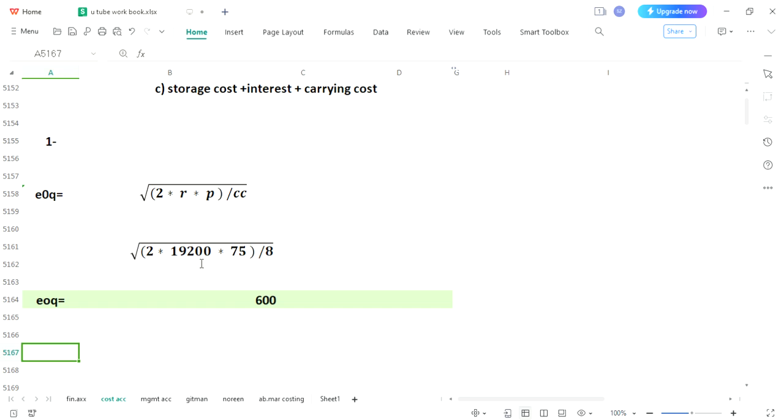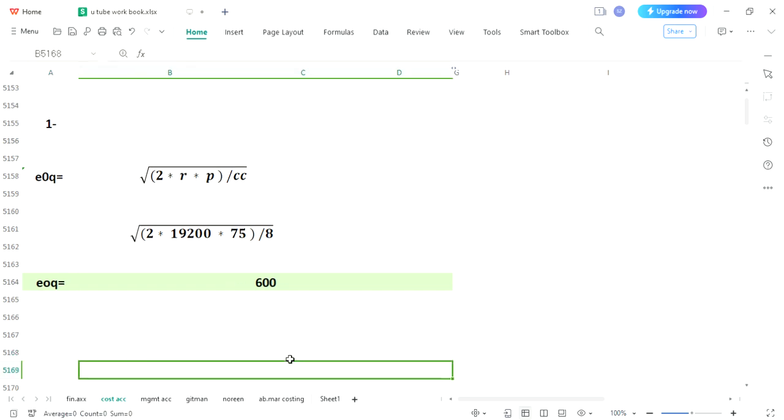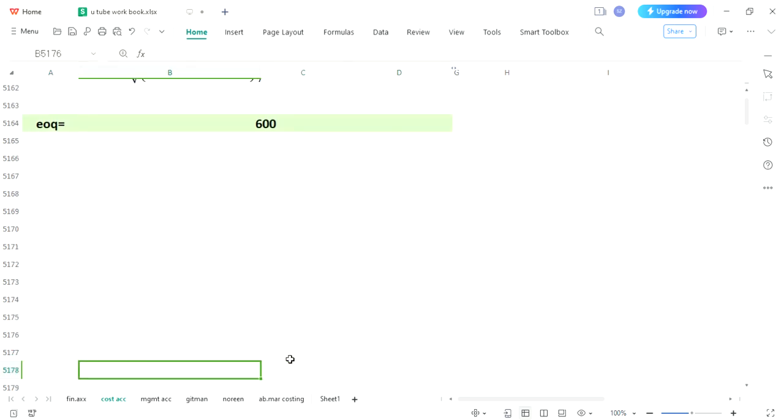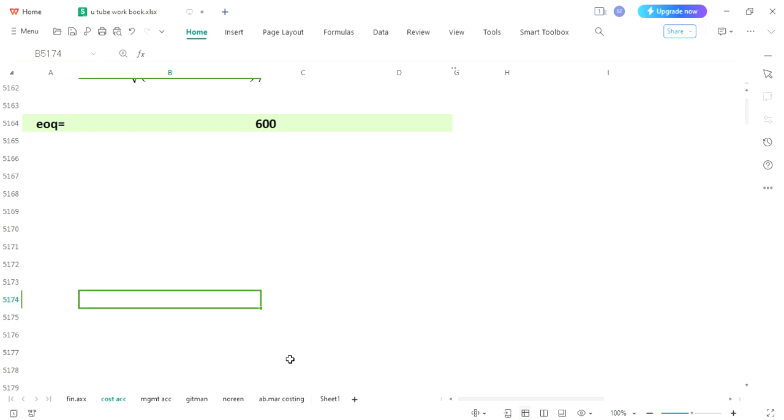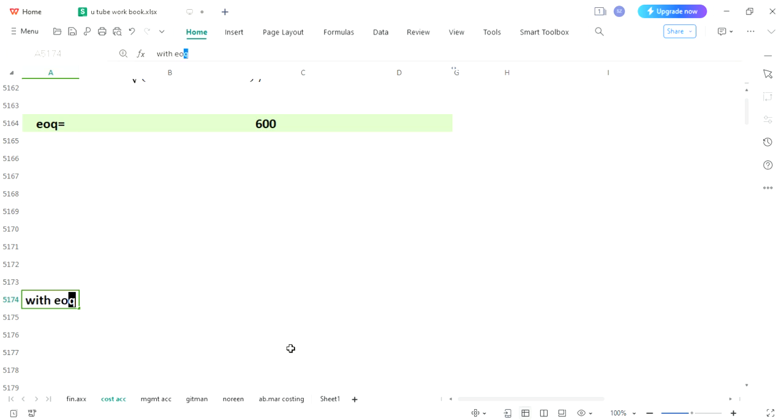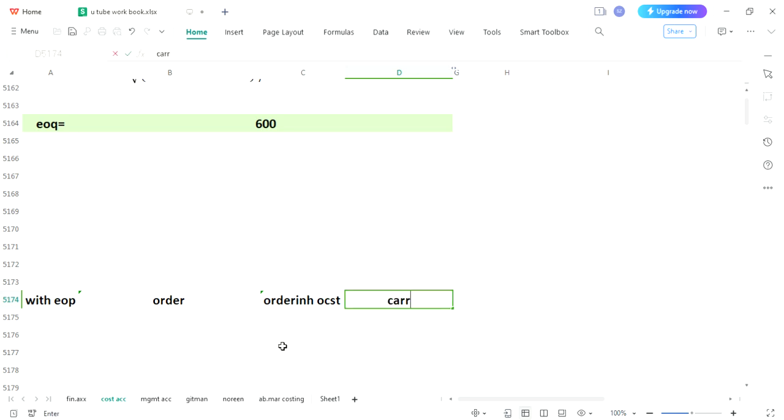For that calculation of saving, what you will do: in case you have your economic order quantity, you will calculate your orders, then you will calculate your ordering cost, then you will calculate your carrying cost.